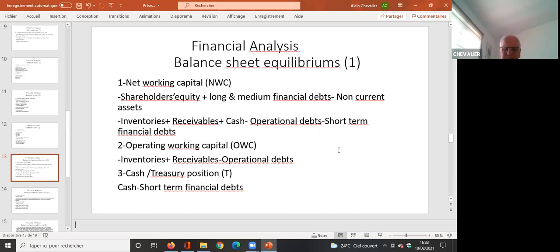So we find again a case, which is kind of a traditional case in finance. If I increase my net working capital, it's safer for the banks, for the lenders. It reduces the liquidity and the solvency risk.